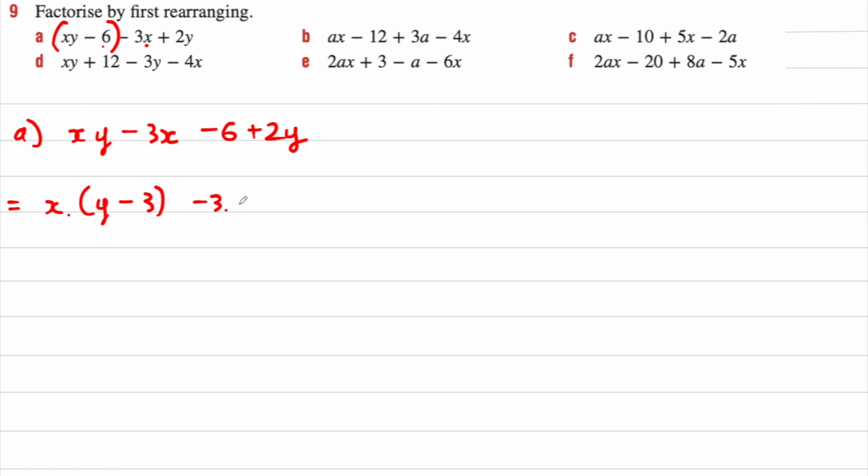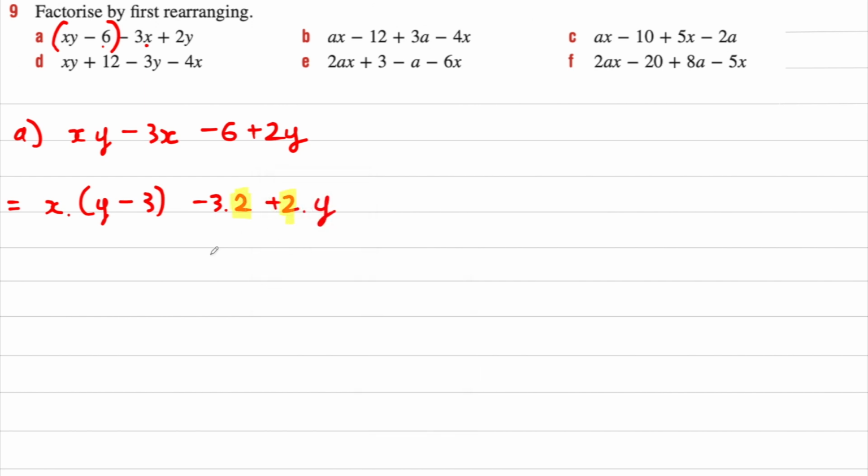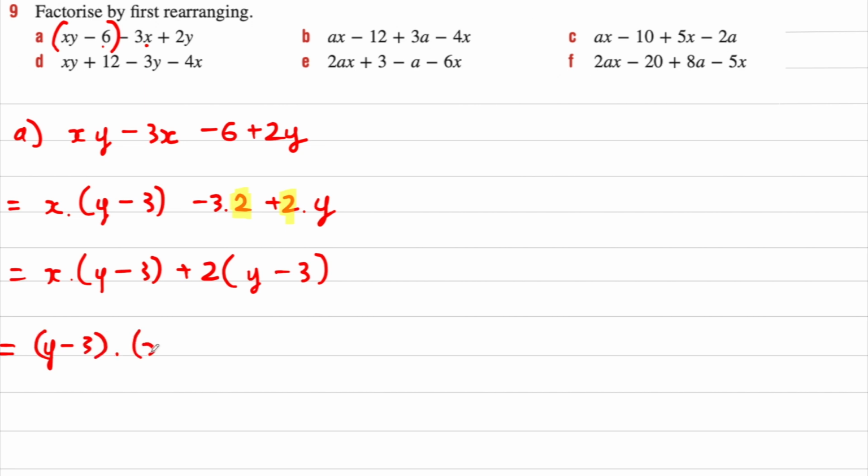For the second part, minus 3 times 2 and plus 2 and y, I take out the common factor 2, so plus 2 outside, and you get y minus 3 inside the bracket. After that I have the common bracket y minus 3, and x plus 2 will be the second one.